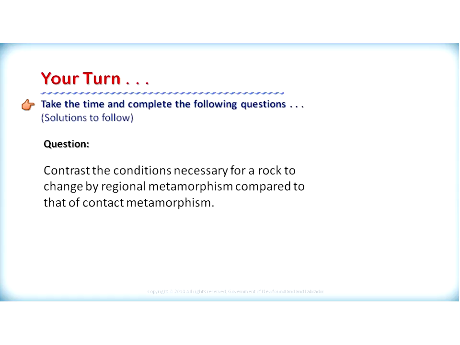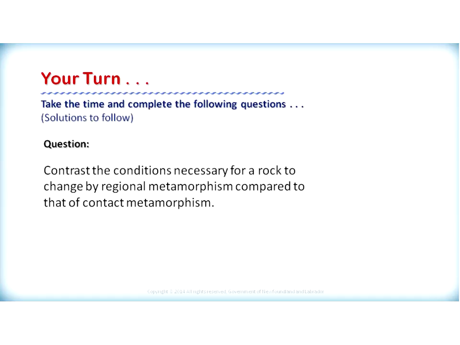The question reads, contrast the conditions necessary for a rock to change by regional metamorphism compared to that of contact metamorphism. So reading the question, we need to contrast conditions necessary.